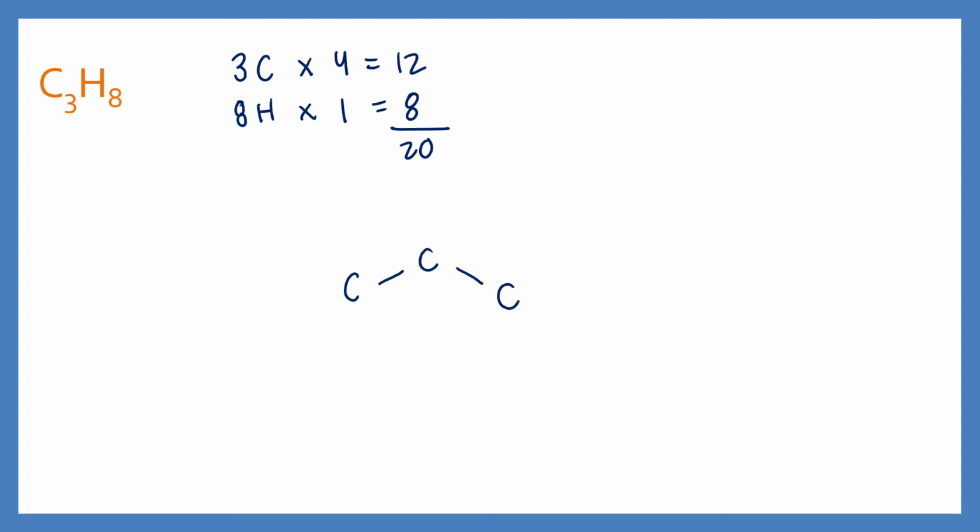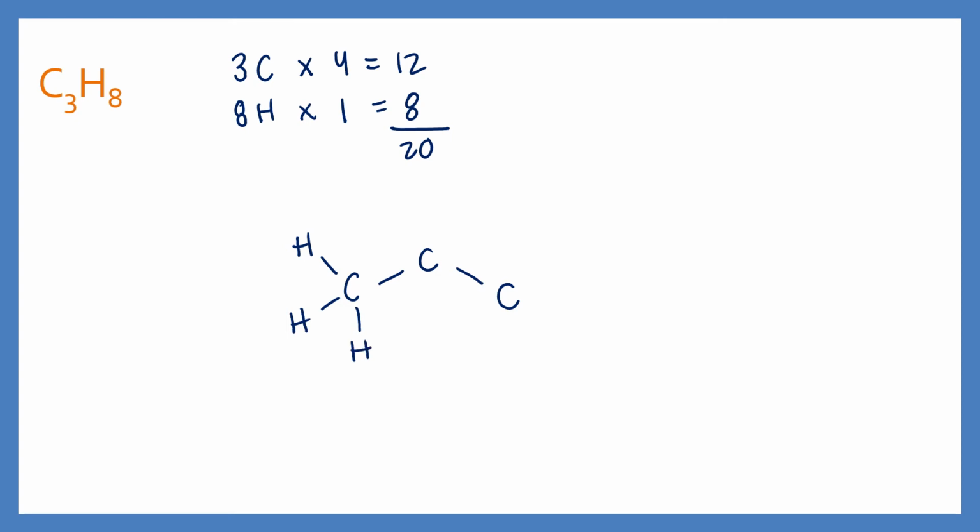And I'm drawing them in a zigzag way because that's how you're going to draw most organic compounds. This will make a lot of sense when we get to line bond structures. So those are our 3 carbon atoms. And then we have 8 hydrogens. So let's just go ahead and arrange all the other atoms around the carbons using single covalent bonds, and let's see where that gets us.